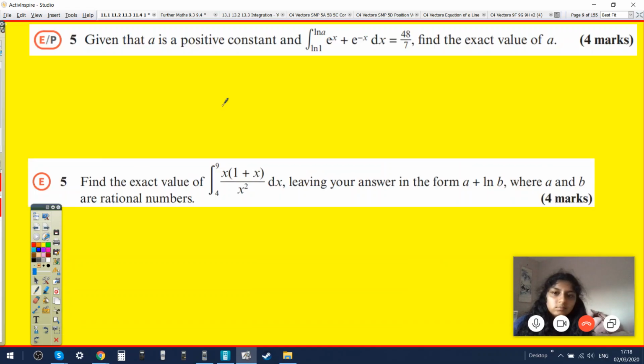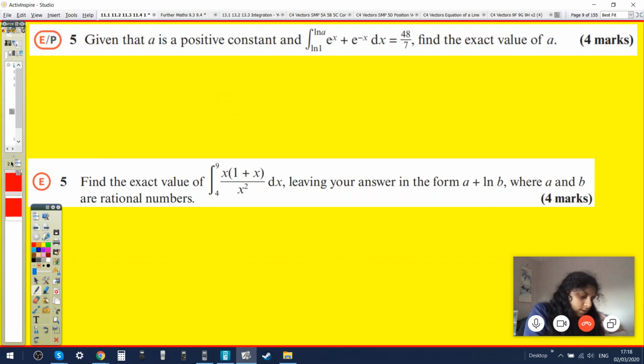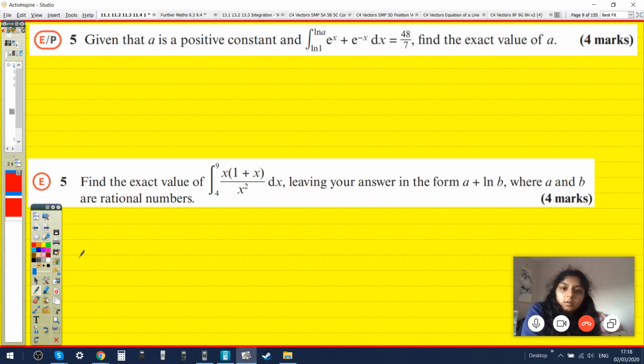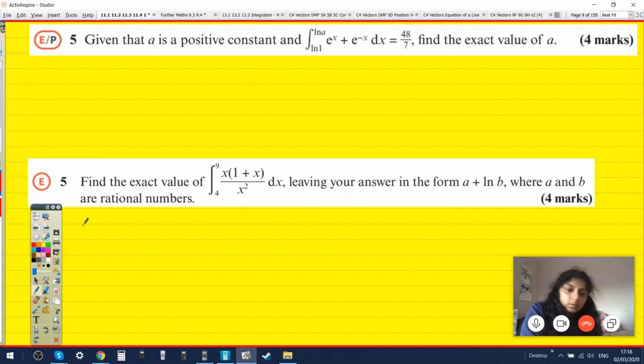Let us see these. I think the top one is worth doing. So when you integrate that, e to the x integrated is just e to the x again. And then e to the minus x would be minus e to the minus x.